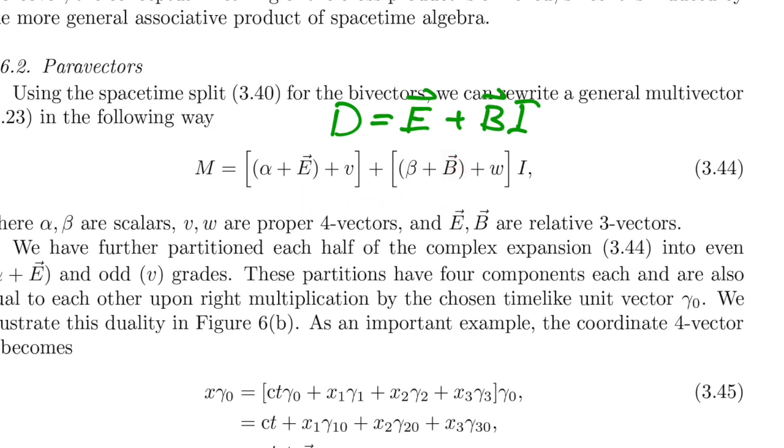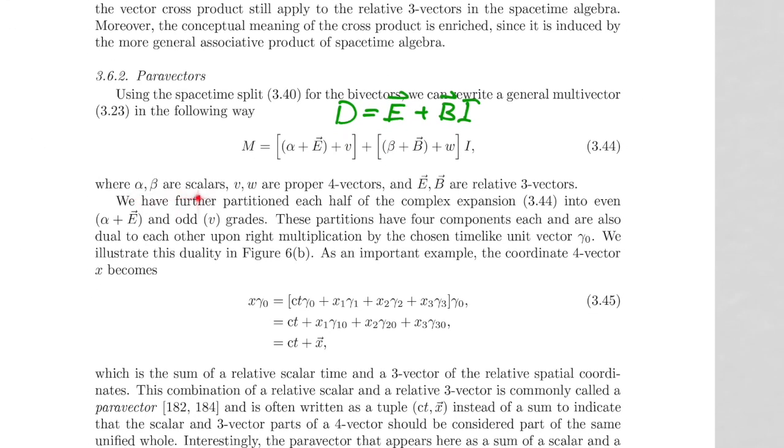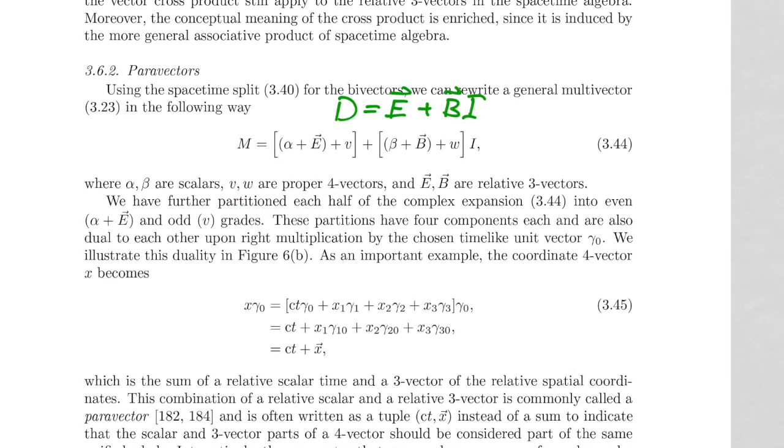The bivector is split into these two pieces. So alpha and beta are scalars, v and w are proper four vectors. Proper four vectors are anything that can be written as a, mu, gamma, mu. A proper four vector always looks like that. And E and B are relative three vectors.